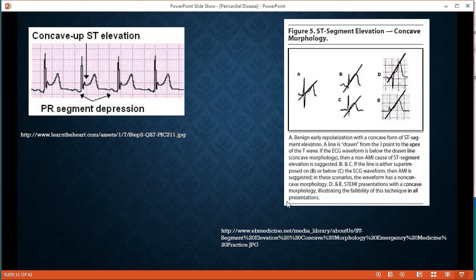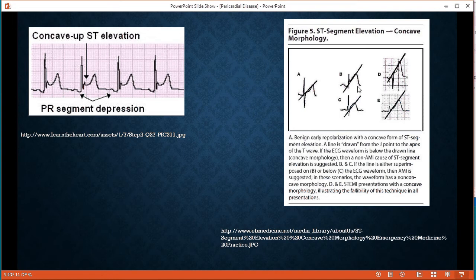All right, so again, looking at the changes that we're talking about, we'll talk about two things. One, you can see this concavity here with the ST segment elevation. If you look at this next picture of somebody who has pericarditis, you can actually see this concavity where the ST segment falls below this linear line.